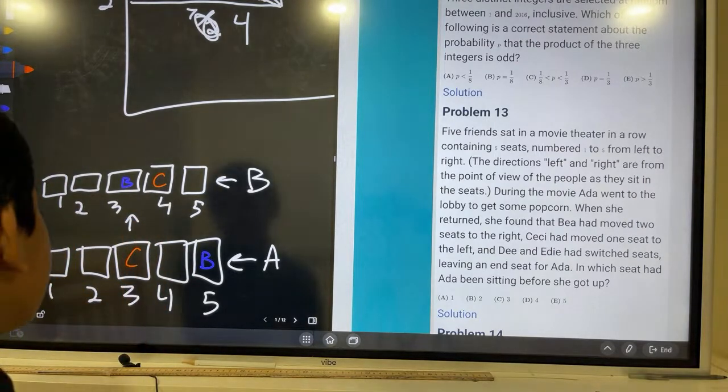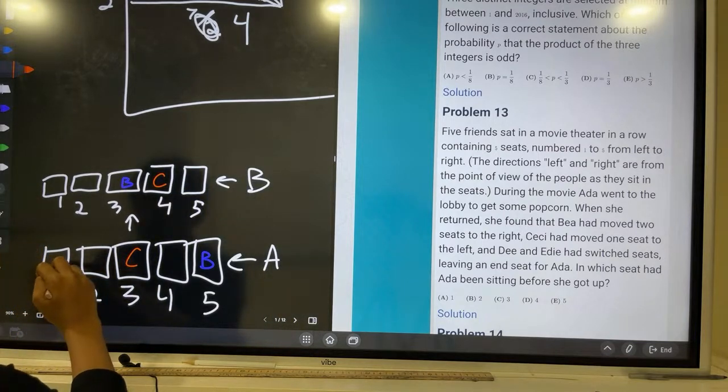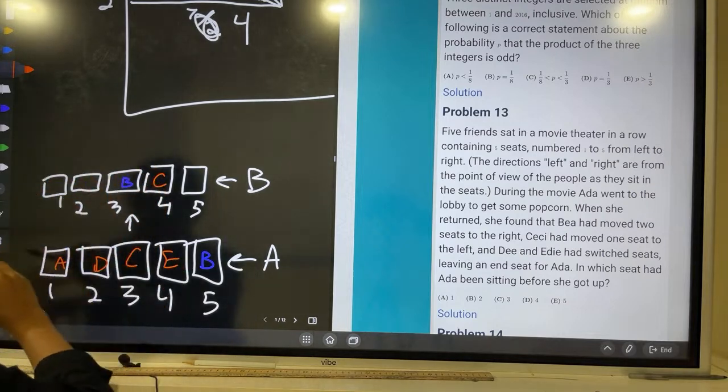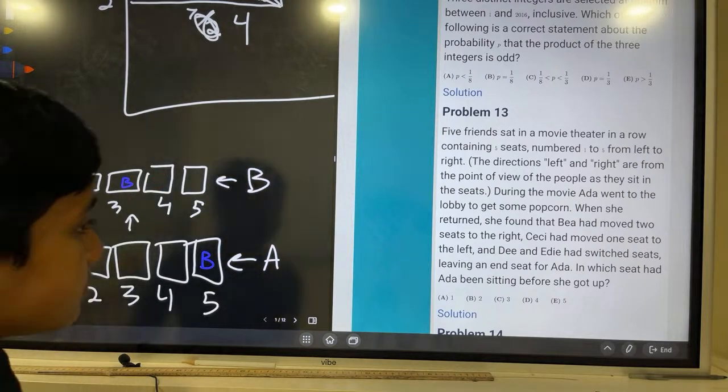Leaving an end seat for Ada. So Ada must be here. So that means D and Edie weren't here before. But Ceci was there. So D can't have been there. So this arrangement does not work for Ceci.